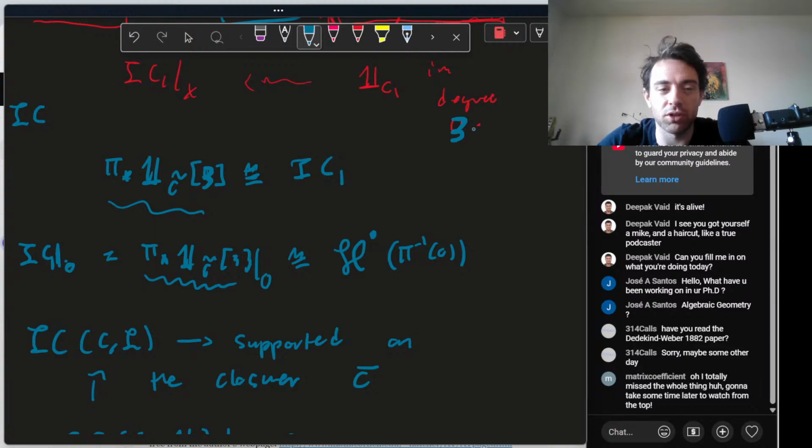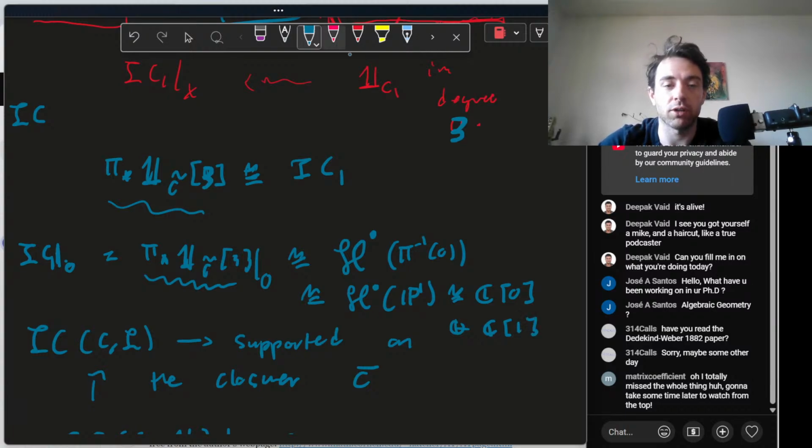So this will just be the cohomology of the fiber. We also computed before that the fiber at 0 is just projective space, and projective space has cohomology with one thing in degree 0 and one thing in degree 1.